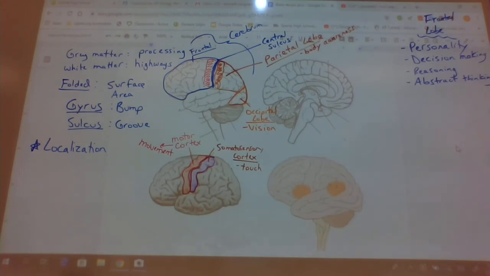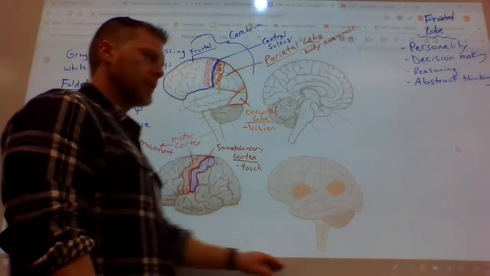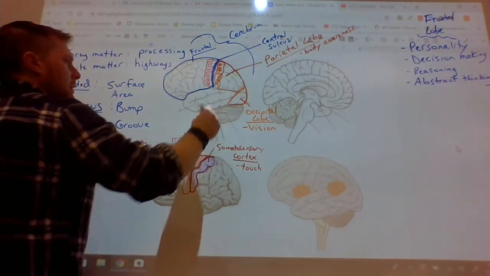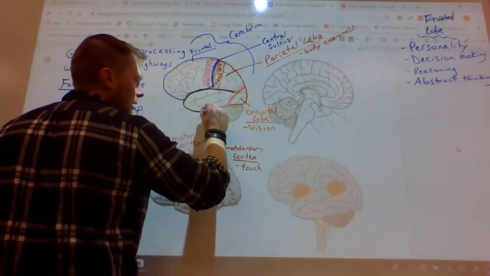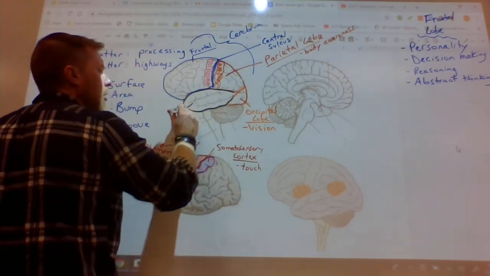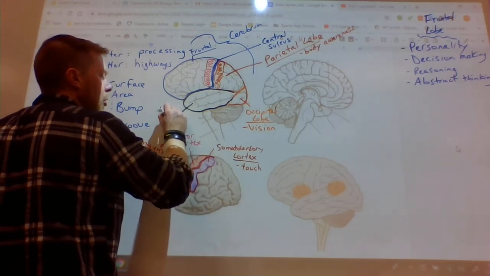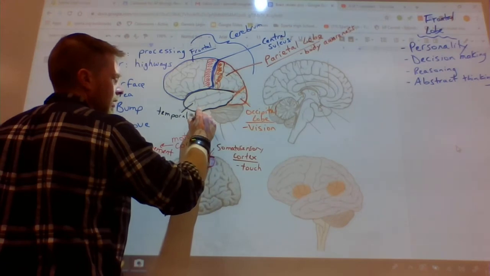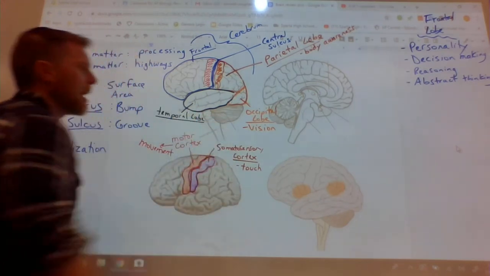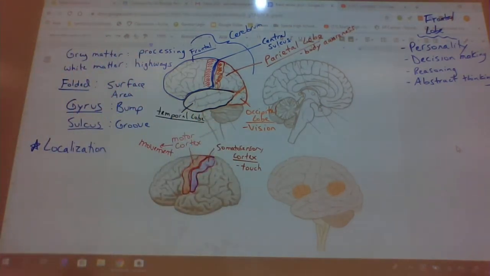The last lobe of your cerebrum is the lobe that is on the side of your brain, right here. And we call this your temporal lobe. And we learned that your temporal lobe gives you a number of different sensations.